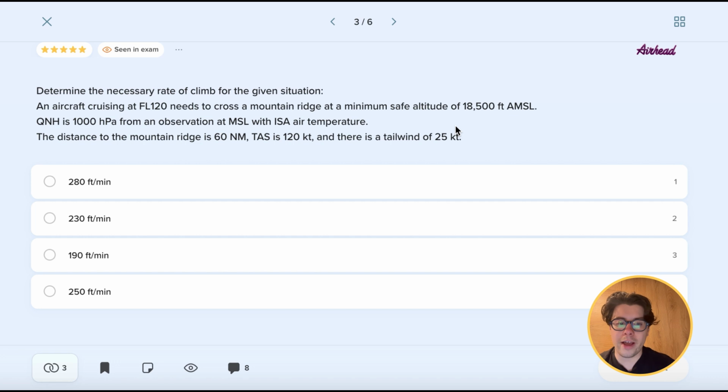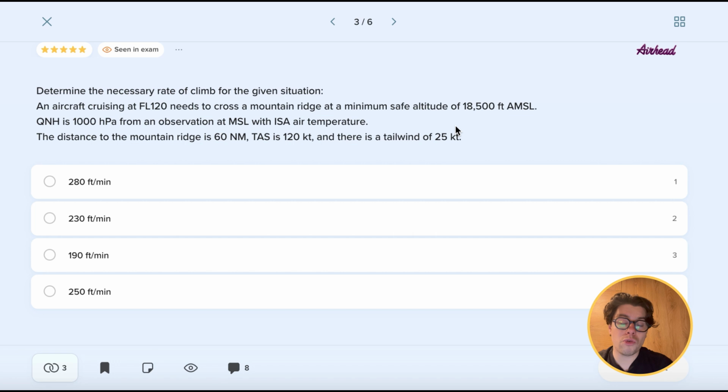All you need to do is just subtract 13 hectopascals times 30, which is the standard lapse rate. If you do this math correctly, you should get an altitude of 11,610 feet. This is your altitude, which is expressed in flight level 120.